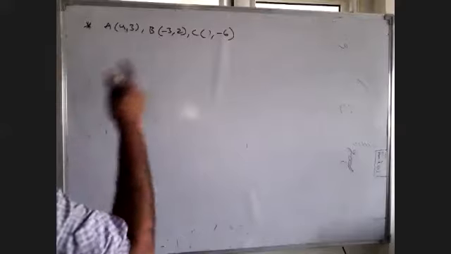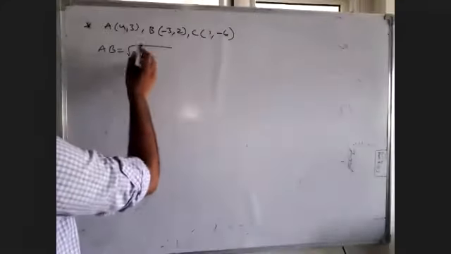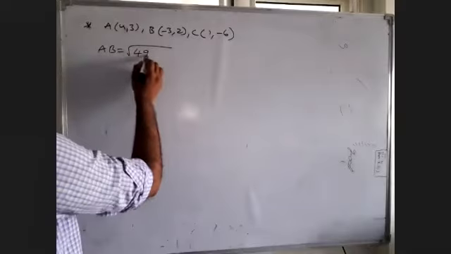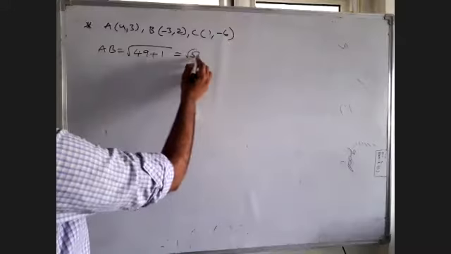First of all, we have to find all the sides, the distances AB, BC, CA. AB distance: root of (minus 3 minus 4) squared, that is 49, plus (2 minus 3) squared, that is 1, so root 50.